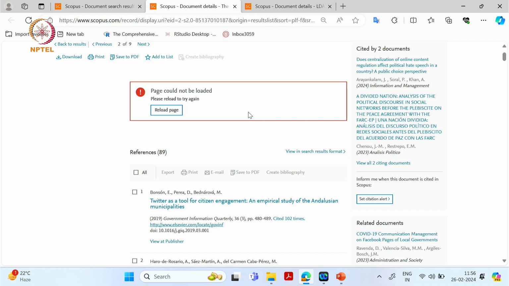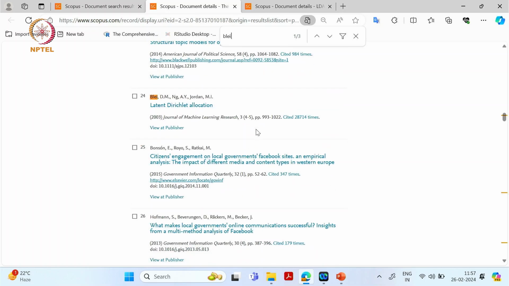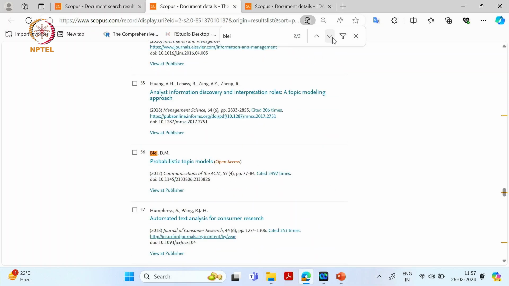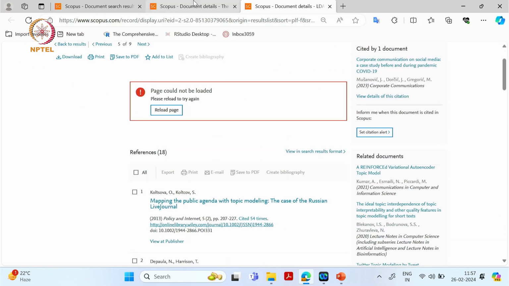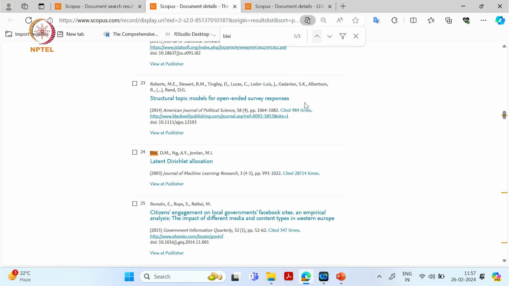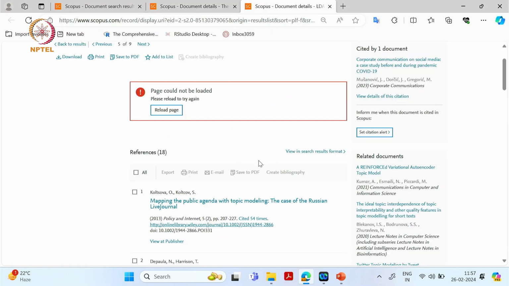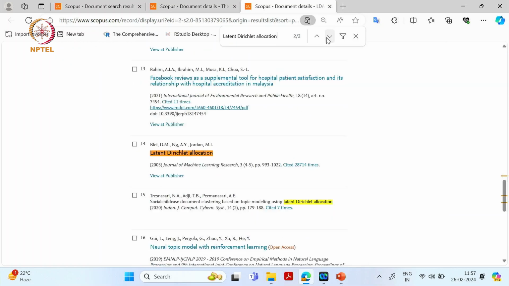Now we have to check whether these documents are bibliographically coupled or not. So what we will do, we will search this. This is one document, this is another document by this author, and this. Now we'll see whether we have the same paper here.